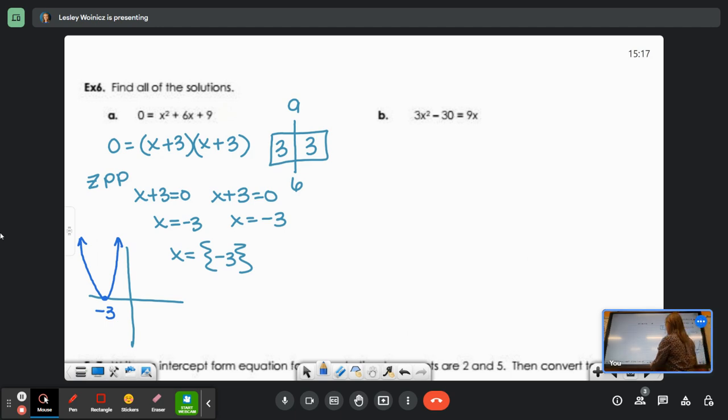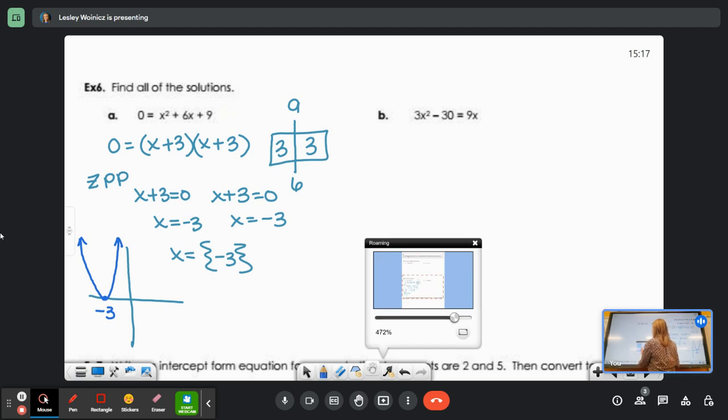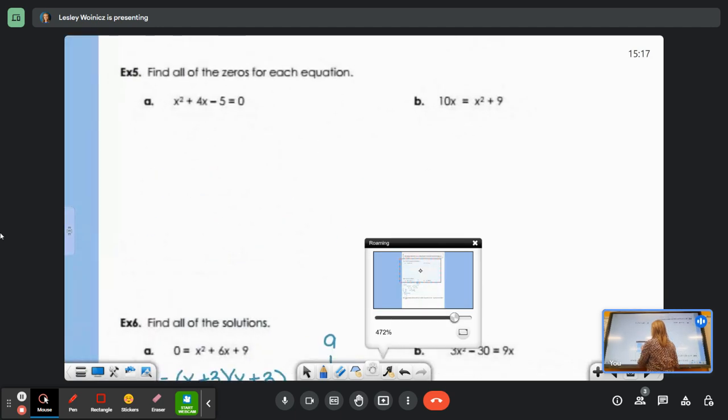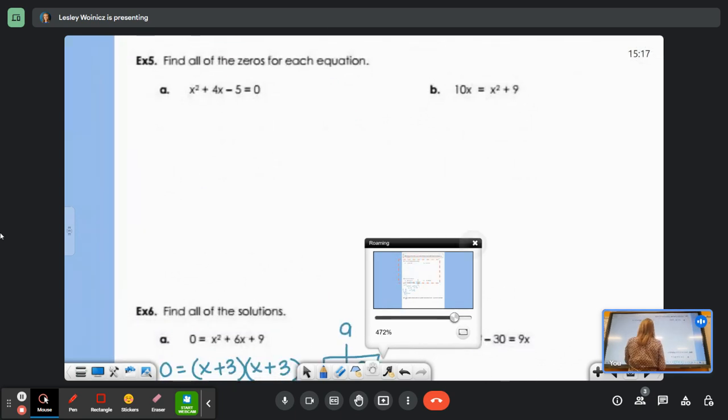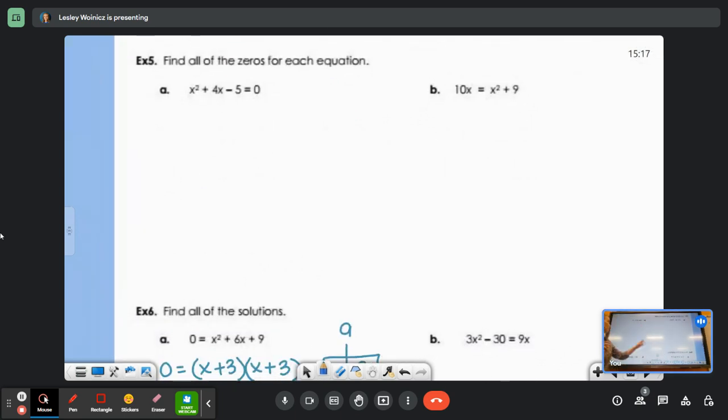All right, let's go back up and look at example 5b. Okay, compare 5b to 6a. What's different about it? There's no 0. Yeah, we don't have a 0. We need a 0.